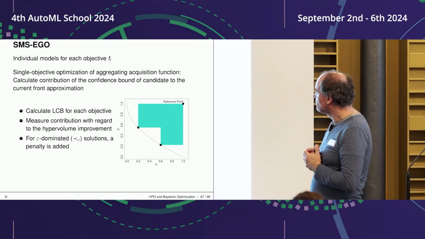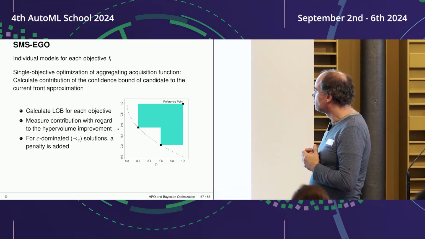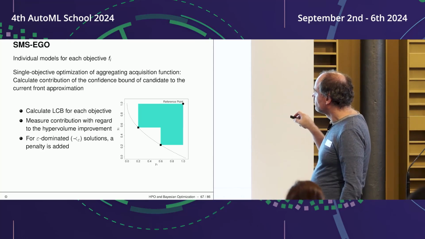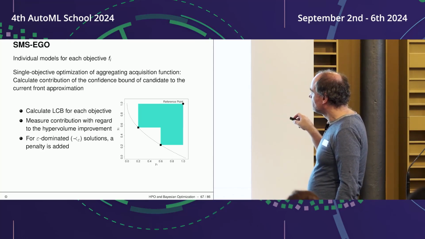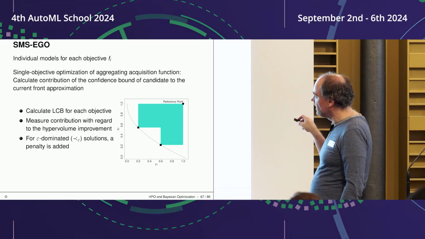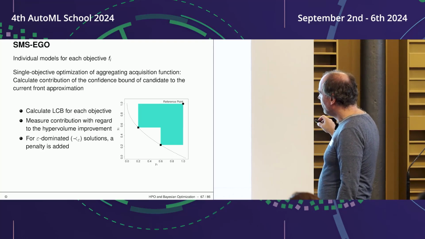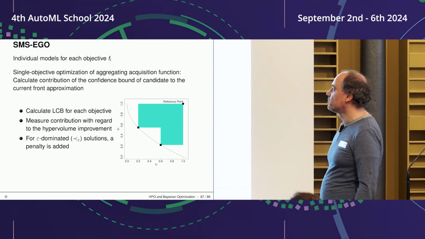So the idea is to turn this again into a single objective optimization problem. We like this transformation, and we want to have some form of an aggregating acquisition function.